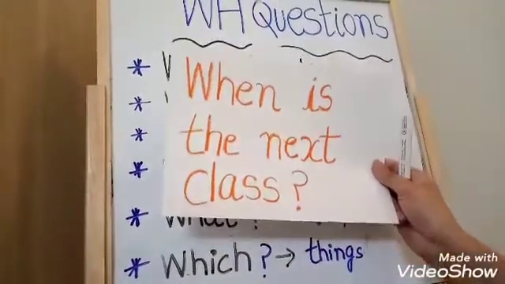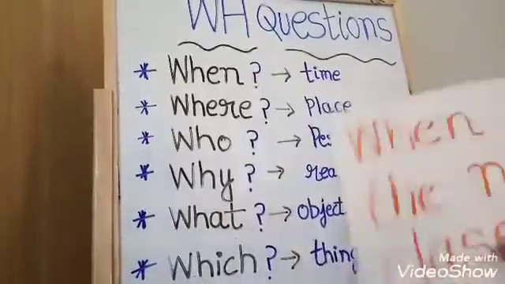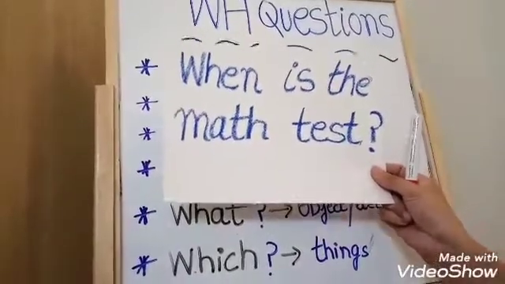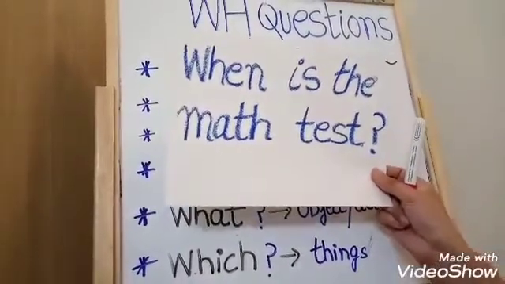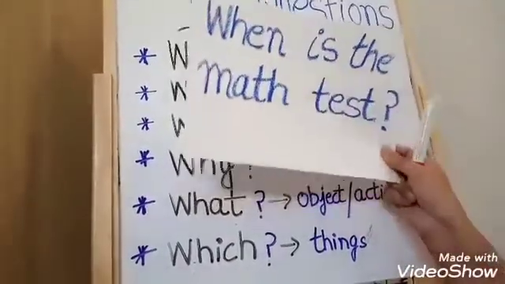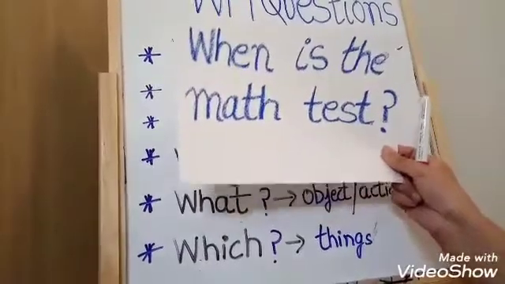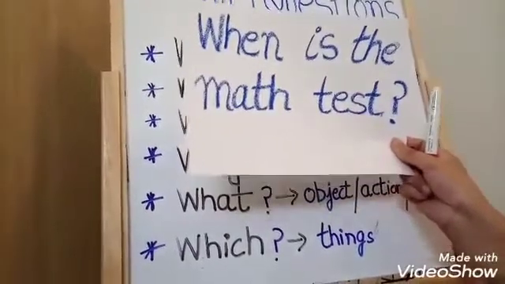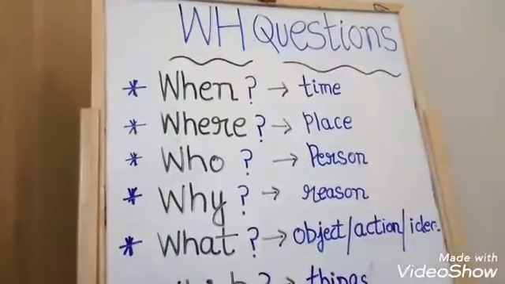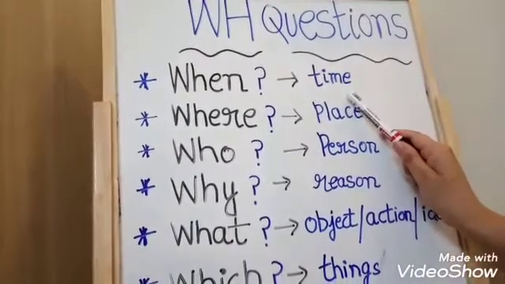So the answer may be after half an hour. Or you may ask a question, when is the math test? So the answer could be, it is on next Friday. So here when we are using when, that means we want to know the time of a particular thing. When will that particular thing occur? So when always tells us about the time.